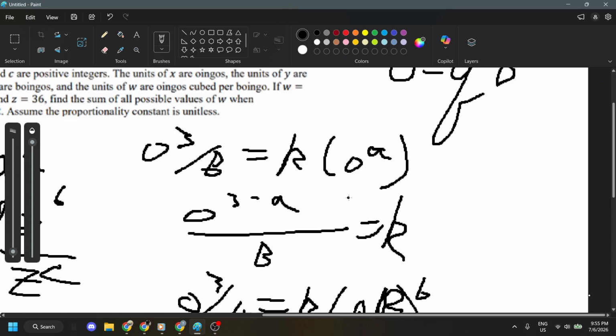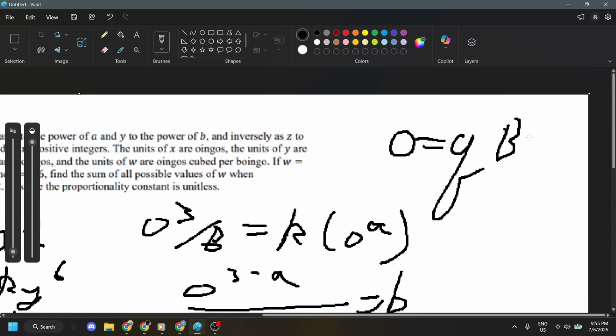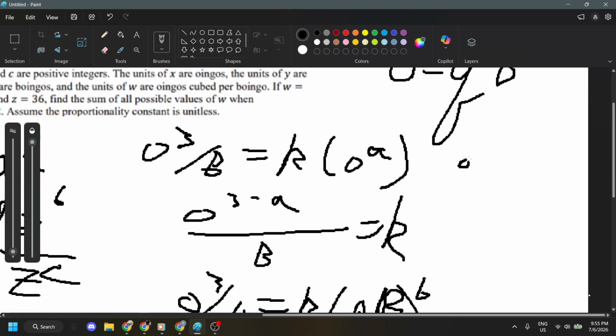So then that would mean we have q cubed boingo squared here. Q cubed boingo squared is equal to k q to the a boingo to the a.